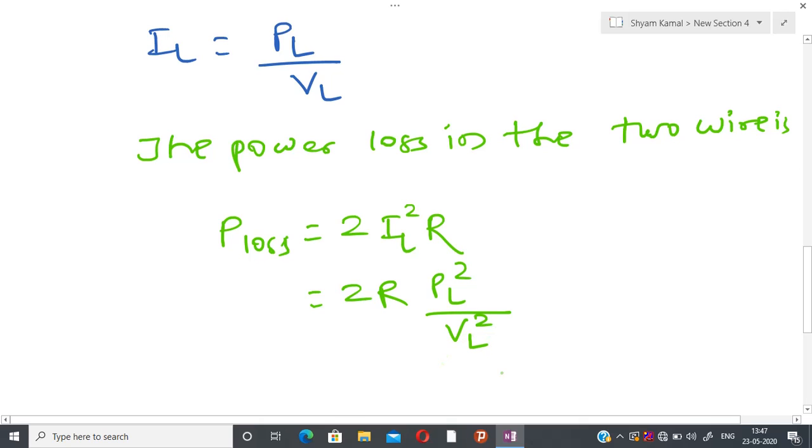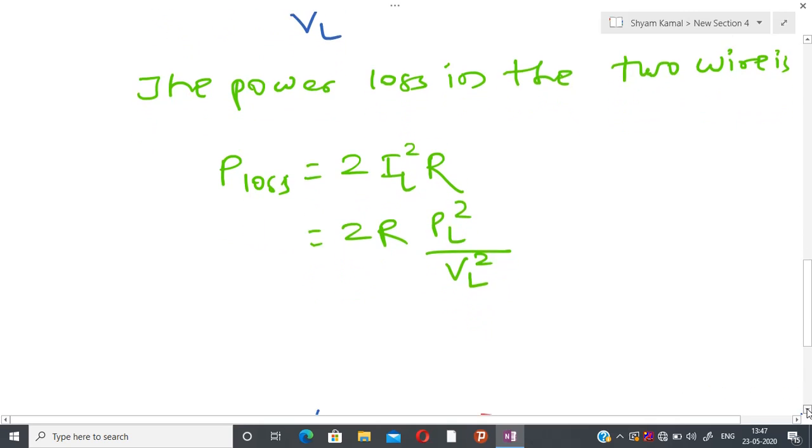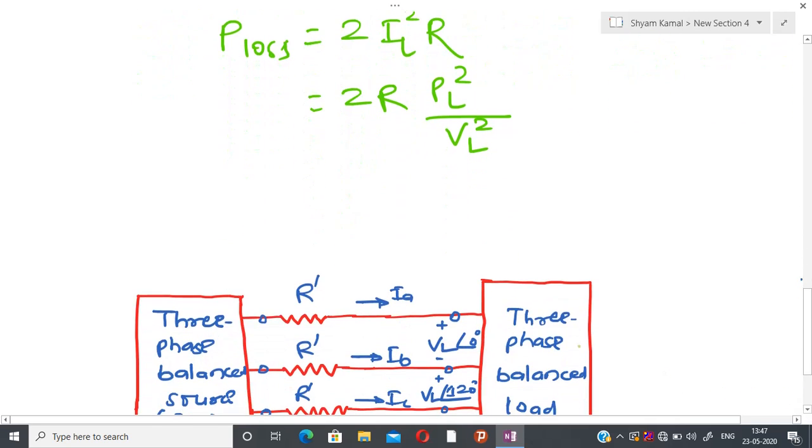Because I am assuming that PL and VL are both the same, I have the expression in terms of PL and VL. So after identifying the P loss, the power loss in the one phase two wire system.